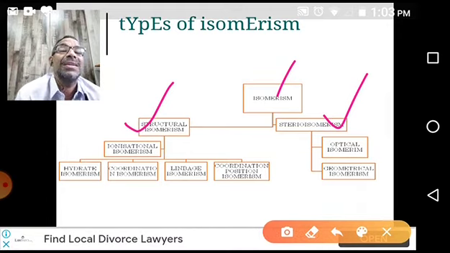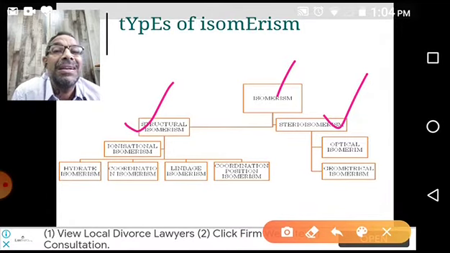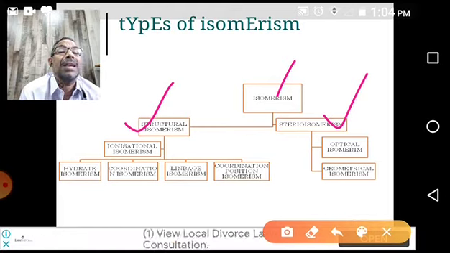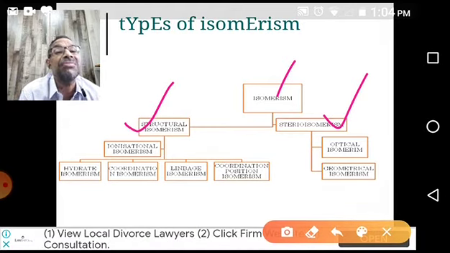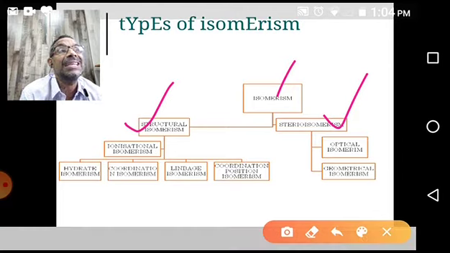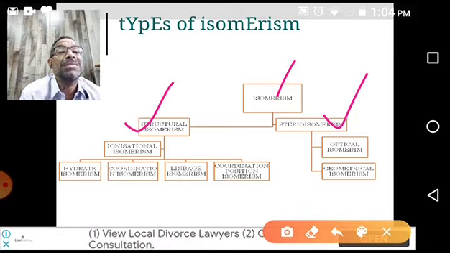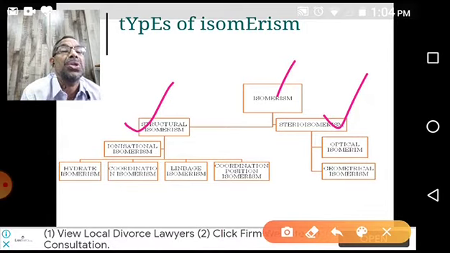That's why sterically they are different. Stereo means space. So the arrangement of atoms in space differs with the same bonding connectivity. That's why these are stereoisomers, and the phenomenon is called stereoisomerism.